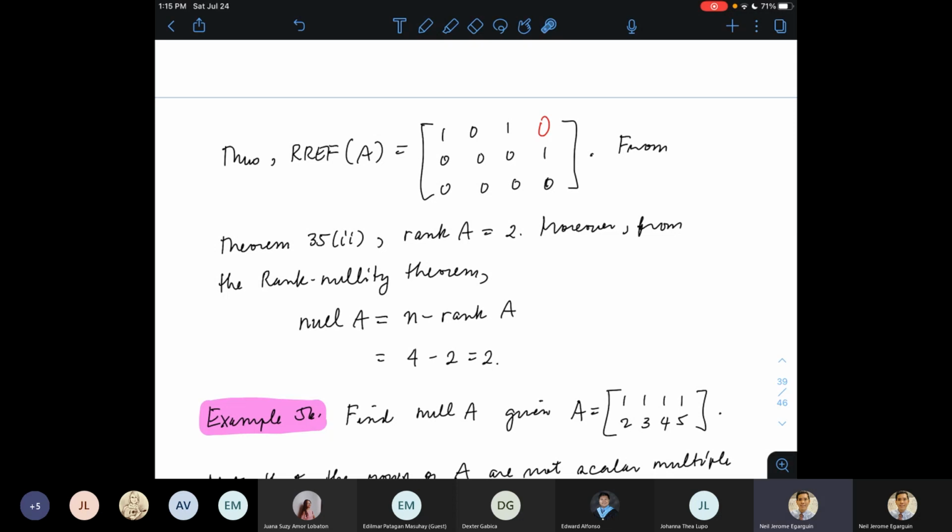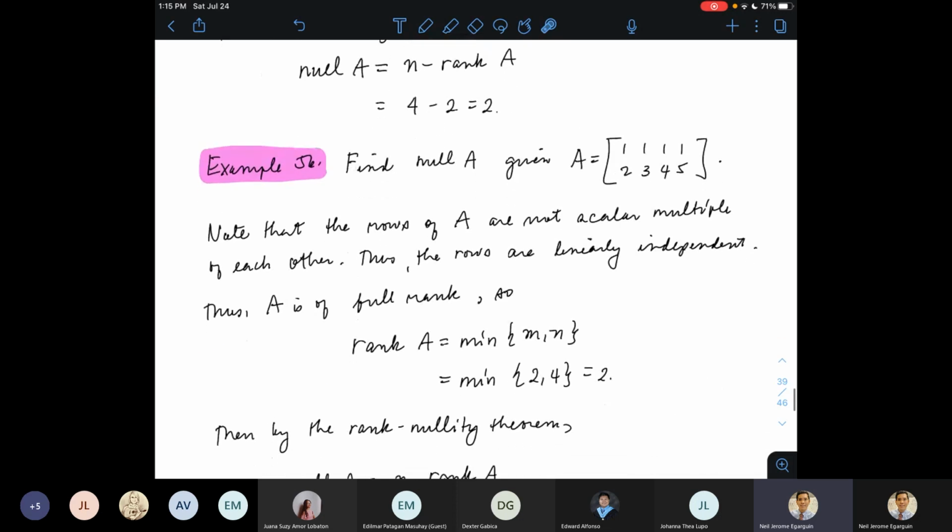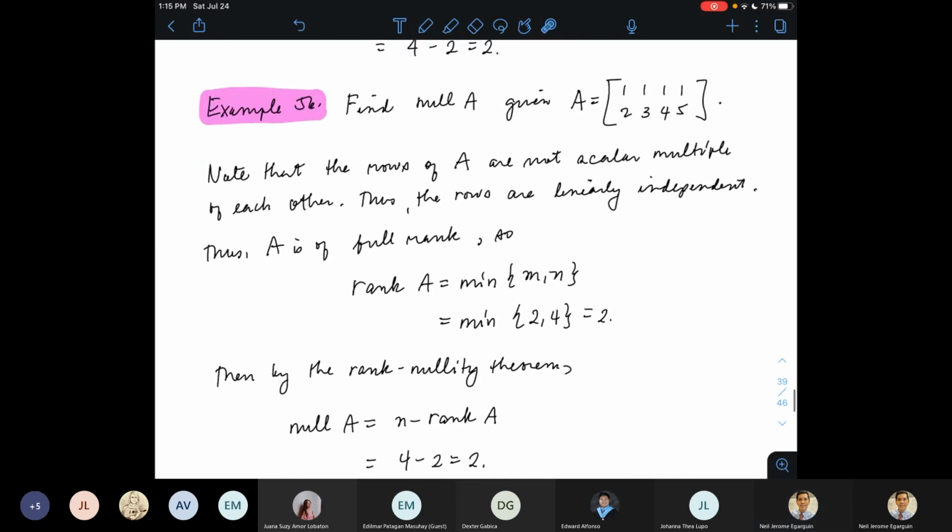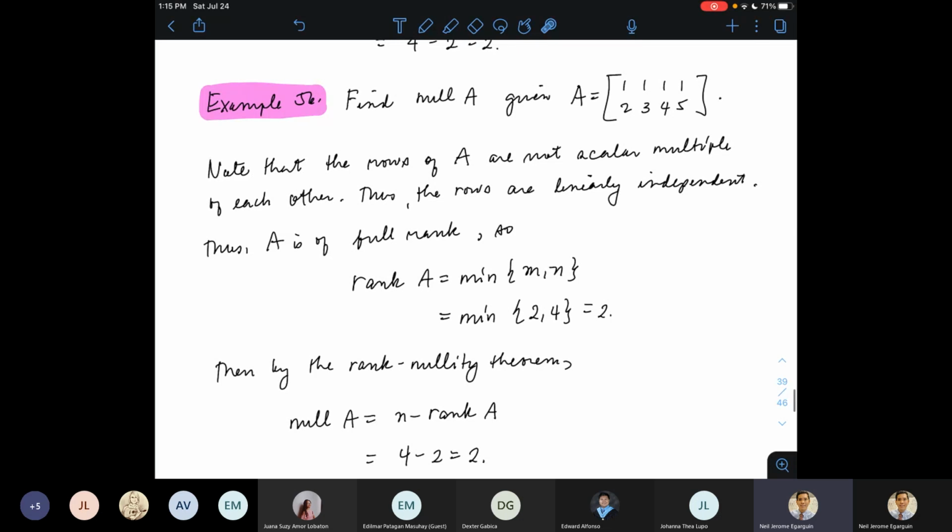Okay. Now I have example 56 here, another example. Oh, this is a quick one in which you can do inspection. You don't need to do RREF all the time, because if you have only two rows, for instance, you can check na 1, 1, 1, 1 is not a scalar multiple of 2, 3, 4, 5, or the other way around.